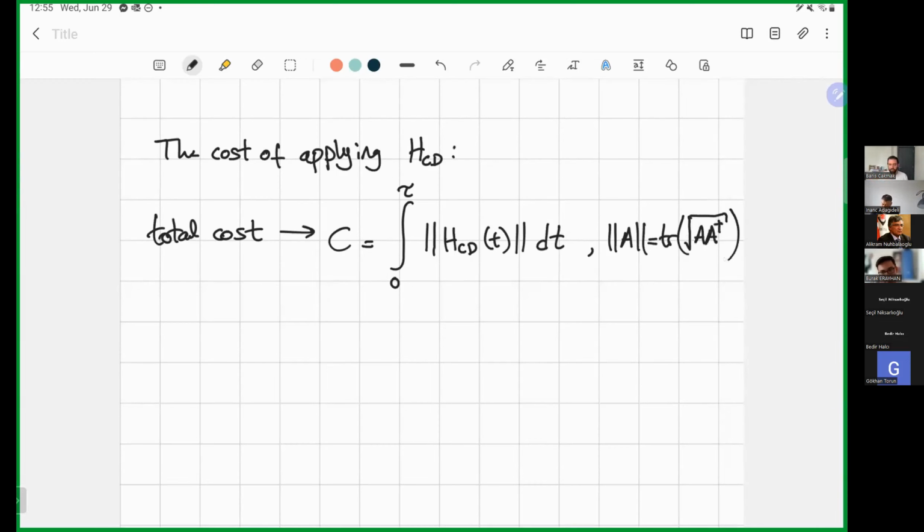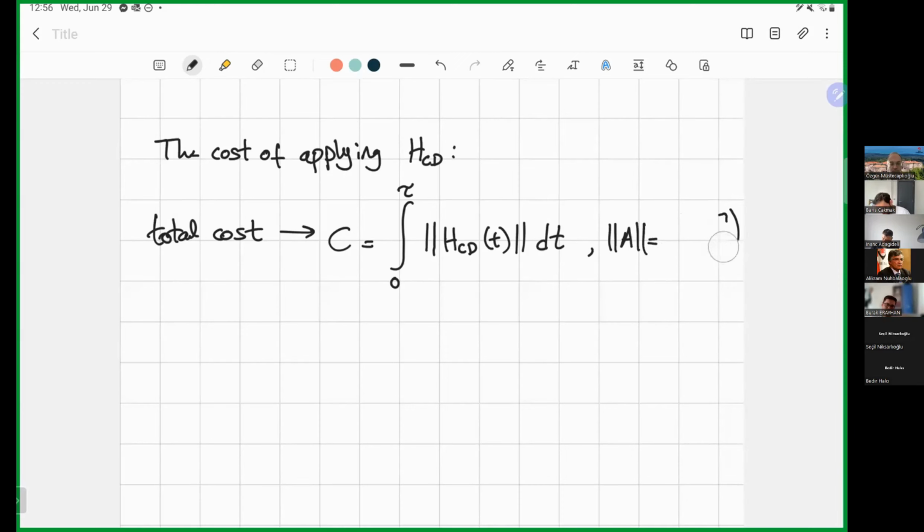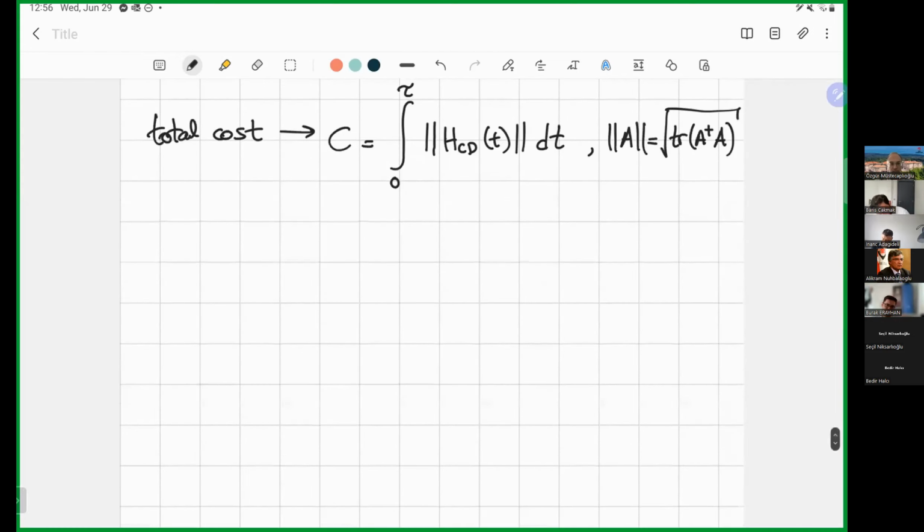Or was it A dagger? Sorry, let me check this. Yeah, no, A dagger A, excuse me. So it's the square root of the trace of A dagger A. But for Hermitian matrices like the one that we have here, it's basically the absolute sum of the energy eigenvalues.